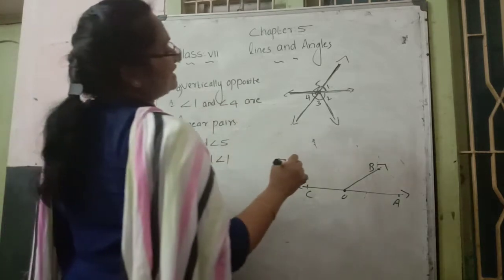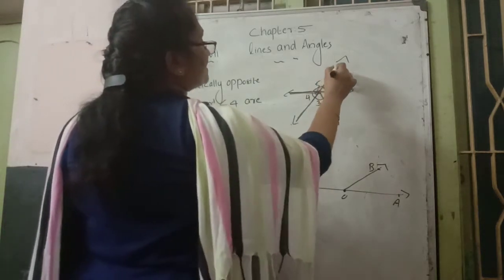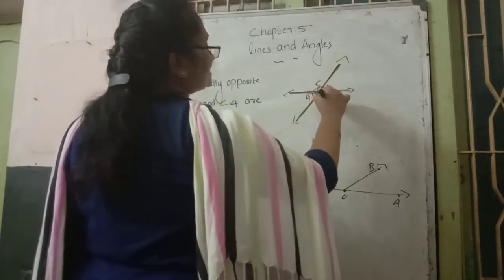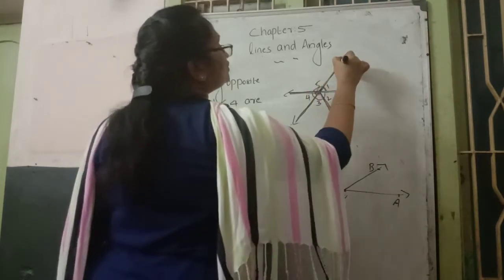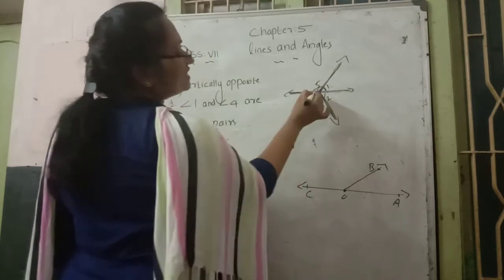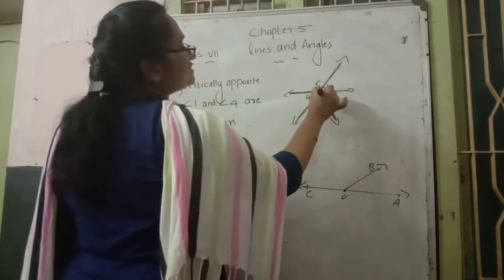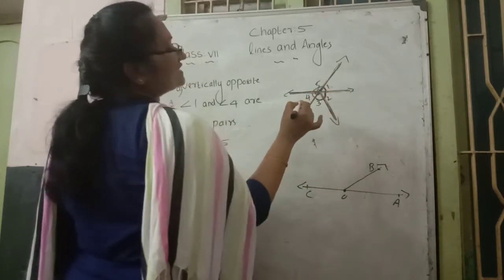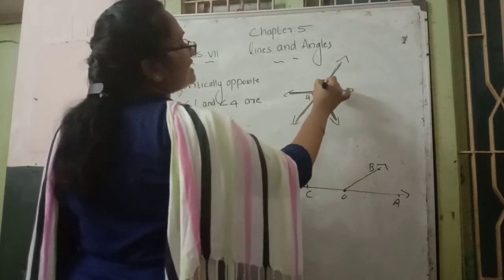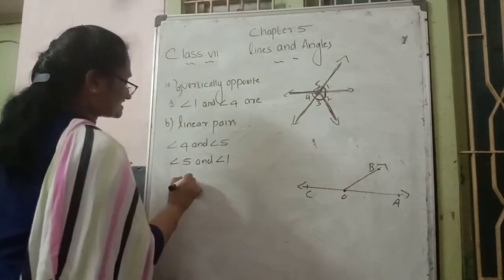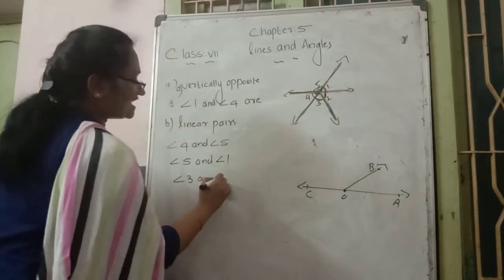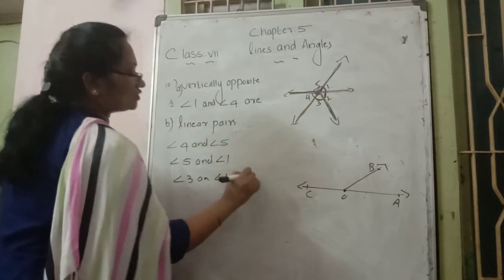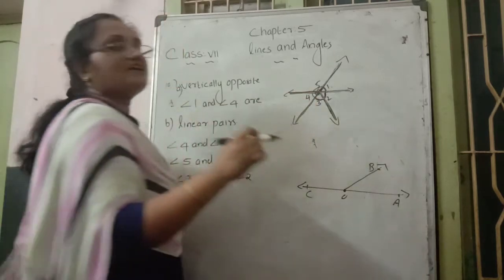Then next, which angles can we say? There also we can consider this one in this way. This is our O ray, it is on the top, and another is downwards. This is our common ray. Which are the two angles given there? Angle 3, and here another two angles are there. Angle 1 plus angle 2 also make a linear pair.